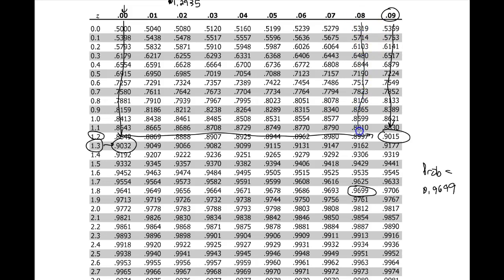That goes along with this column and this row. So of course, this probability would go with a z-score of 1.88.